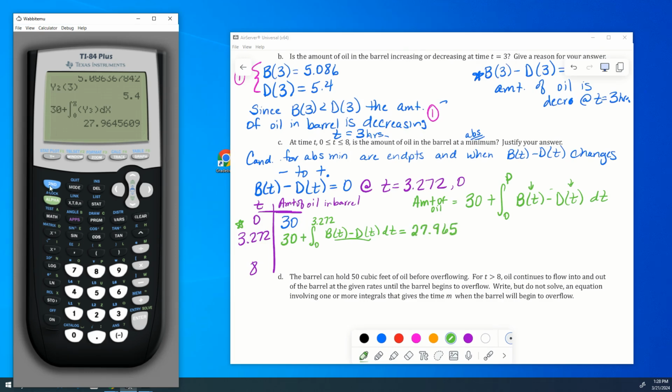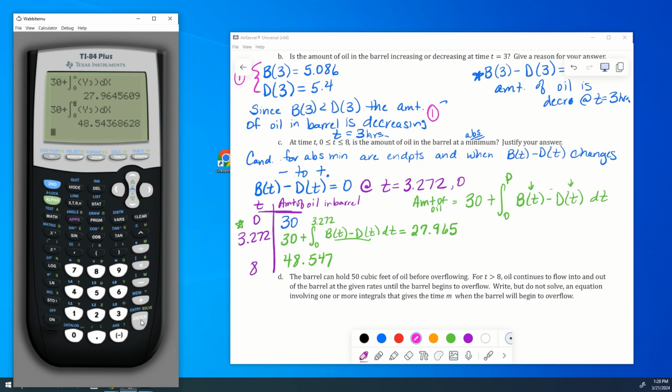I'm going to do the same exact thing. I'm just going to hit second enter so I don't have to retype all that. I'm going to change that number to 8, and it's going to pop out 48.547.